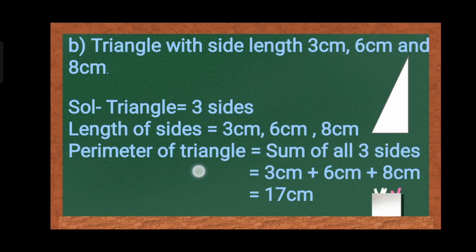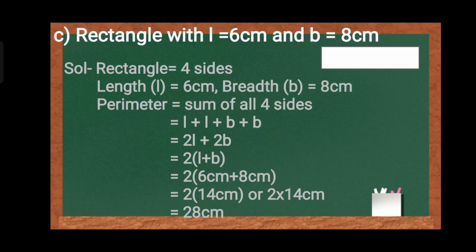To find out the perimeter, we will write perimeter of triangle equals sum of all three sides. Now we'll add all three sides. 3 cm plus 6 cm plus 8 cm equals 17 centimeter. So the perimeter of a triangle with side lengths 3 centimeter, 6 centimeter and 8 centimeter is equal to 17 centimeter. Let's move to the next part C.